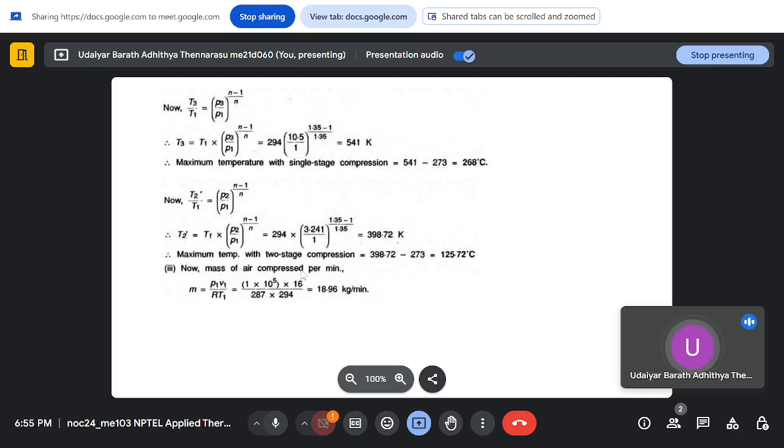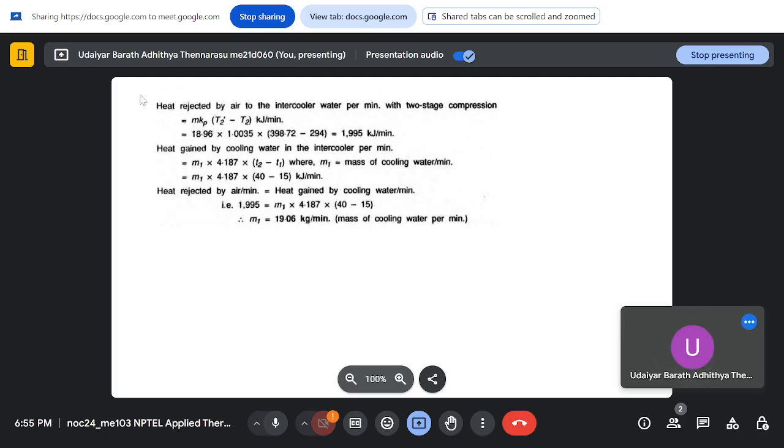Now the mass of air compressed per minute is P1 V1 by R T1, which gives a mass of 18.96 kg per minute. The heat rejected is m dot Cp into T2 dash minus T2.